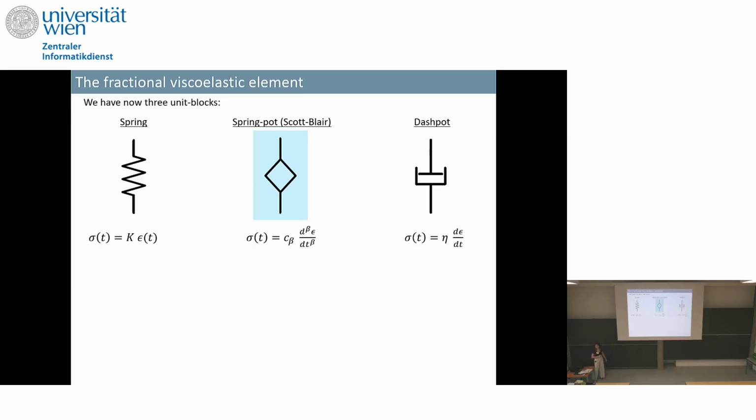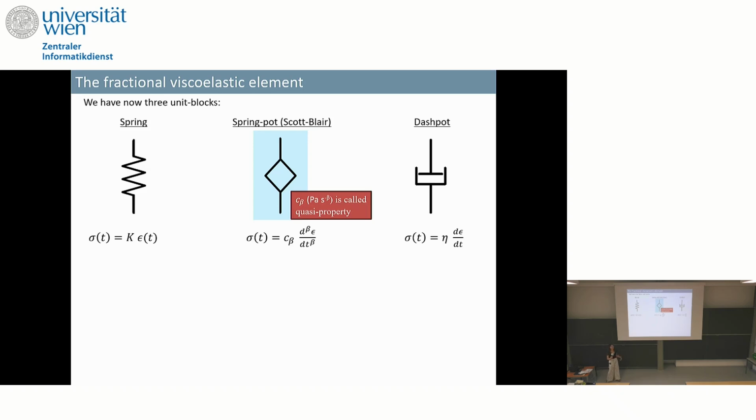Okay, can you already see one limitation or one disadvantage? K, what is the unit of K, the stiffness? Pascals. What's the unit of the viscosity? What's the unit of C beta? It's Pascal times second to the power of beta.